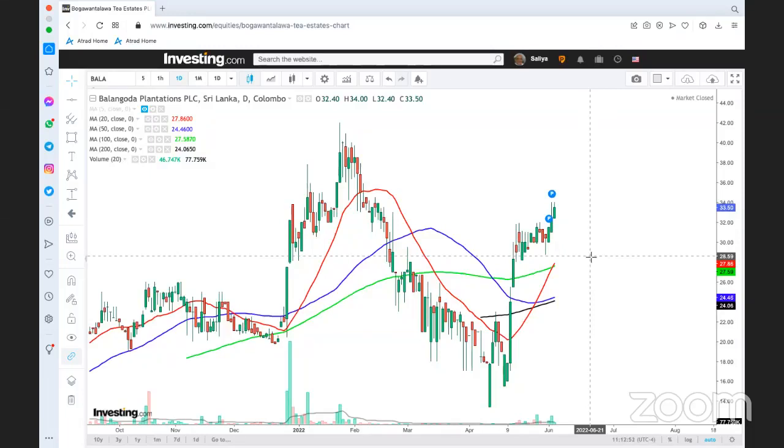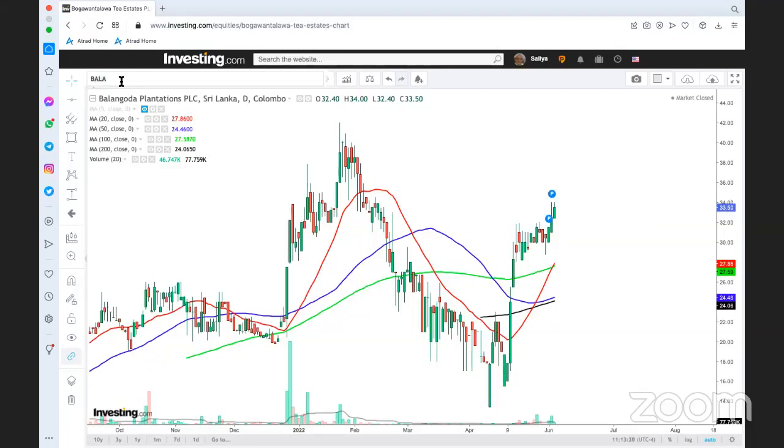Right now we have 2 companies, LIOC and Balangoda Plantations, which can be taken to the shorter time frames to understand what is in store for us, or what we should be looking at from Monday onwards.